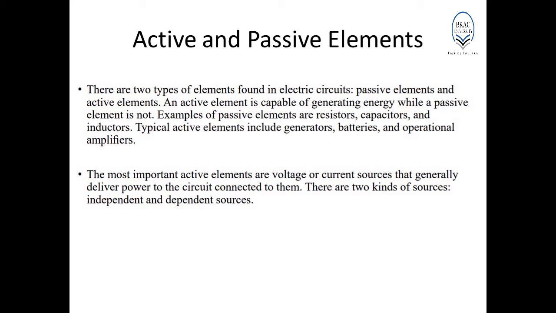Now, the most important active elements are voltage or current sources that generally deliver power to the circuit. These sources, both the voltage or current, can be further classified into independent and dependent sources.